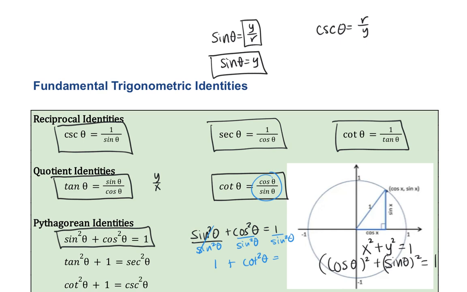And then 1 over sine, that's our cosecant, so that would be cosecant quantity squared theta. So there we get another Pythagorean identity that comes from the original. And our last one: if you divide both sides instead by cosine squared, we get tangent squared theta plus 1 equals secant squared theta. So those are our Pythagorean identities.